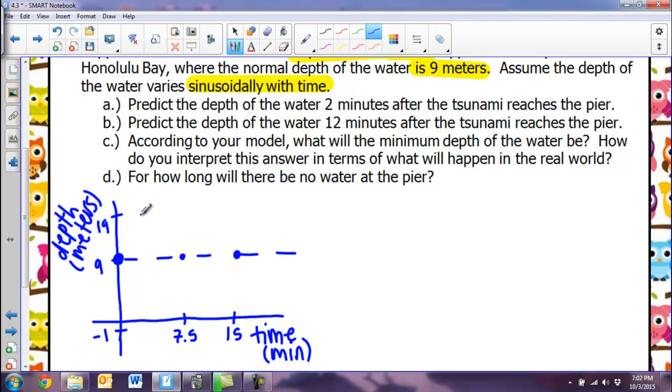And then to get right here up to a top point, that would be half of that, so 3.75, or you could have taken 15 and divided it by 4. And then another half, so they could get down to that low point, would be 7.5 plus 3.75, which would get me 11.25, or just take half of it again. Wow, I'm going to give up on that part. Okay. Well, I got pretty close. Okay, so that would be the picture of my sinusoid, and it has all the information I need in here.